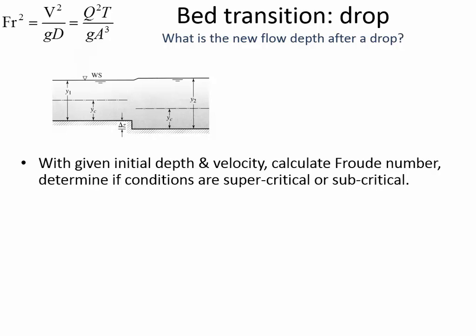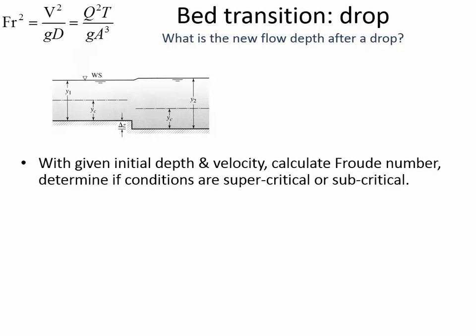So question number one is, before the drop, what was the flow regime? Subcritical or supercritical? In order to find that, we can calculate the Froude number. What Froude number is associated with subcritical flow? What's the dividing line?